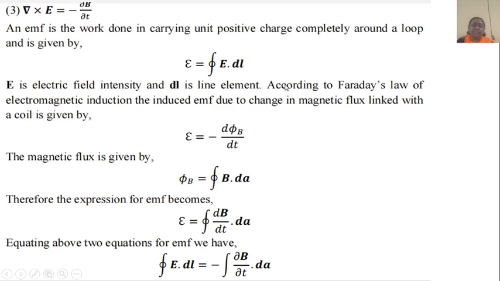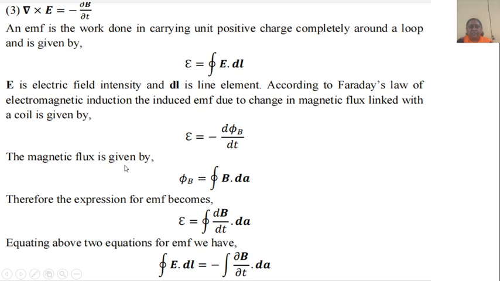According to Faraday's law of electromagnetic induction, the induced EMF due to change in magnetic flux linked with a coil is given by induced EMF equal to minus d phi B by dt.